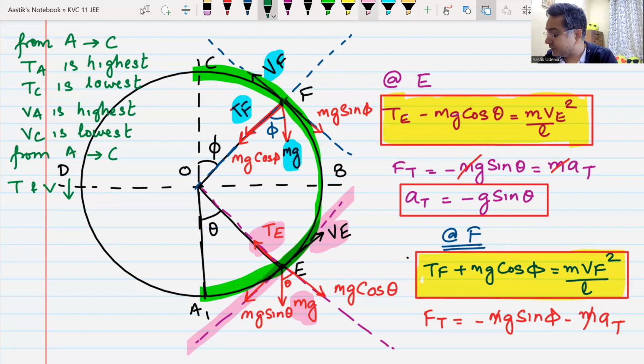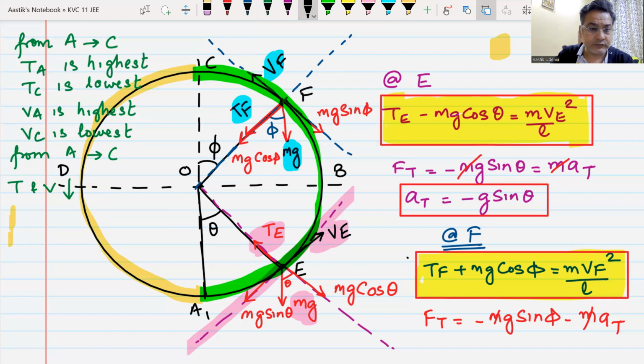Now let us move our attention to this section. From top to bottom, what is happening? Tension is increasing, sir.